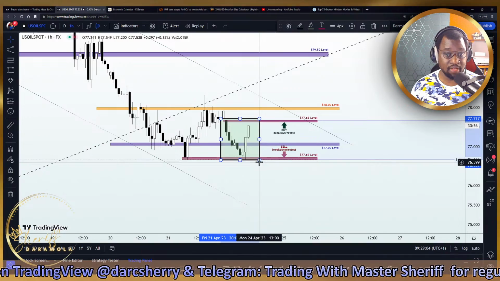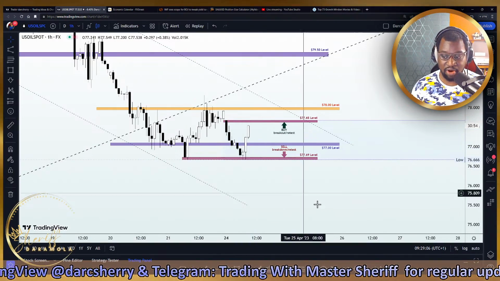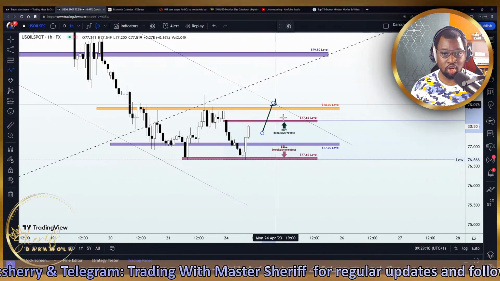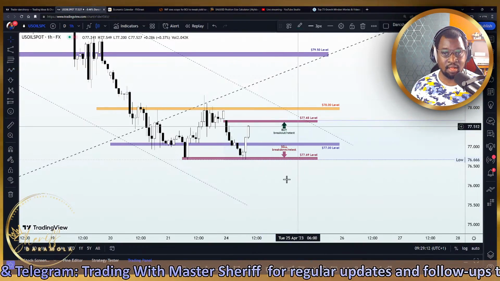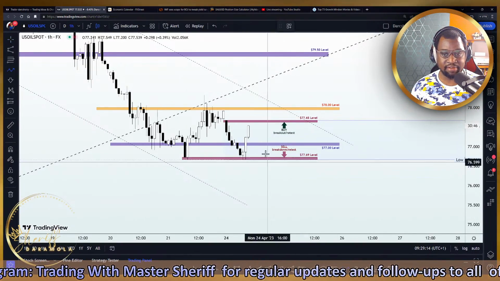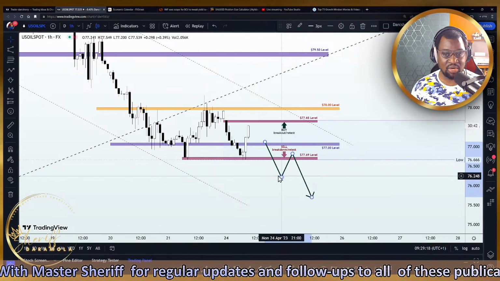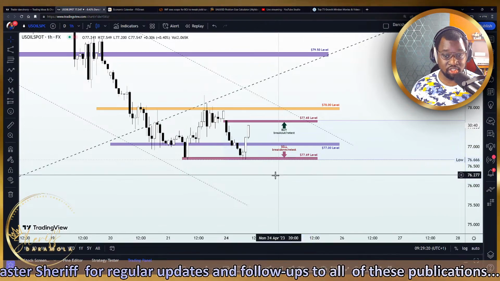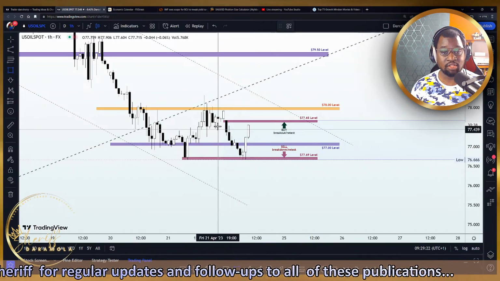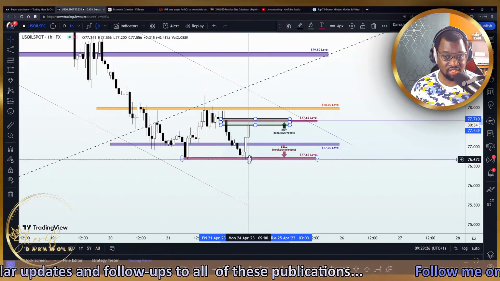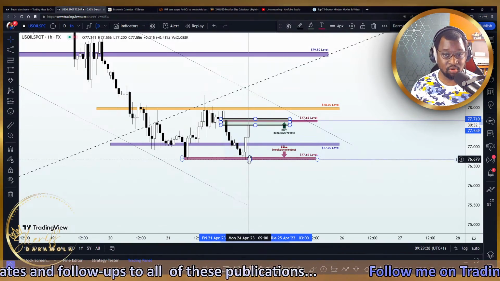We all need to remain patient, waiting for price action to either break out of the resistant line to the upside for a buying signal, or break down the support line for a sell signal in this market. And the way things are looking right now is a little bit bullish, but I need price action to break out of that $77.65 level to give me that leverage to be part of a bullish move.